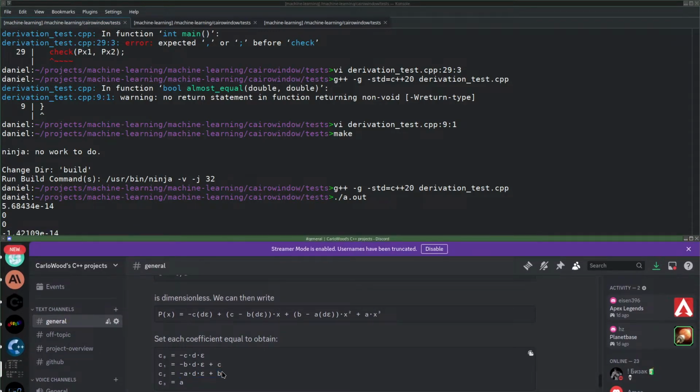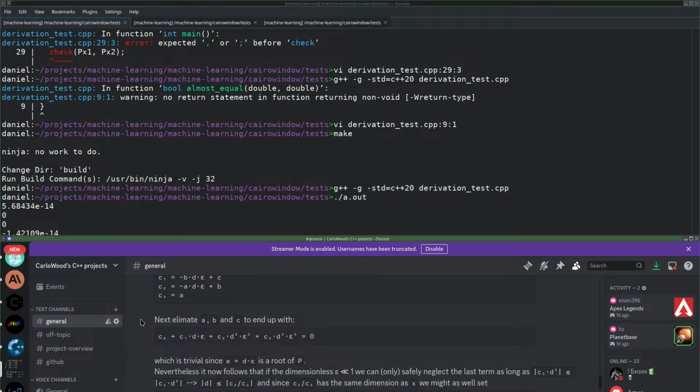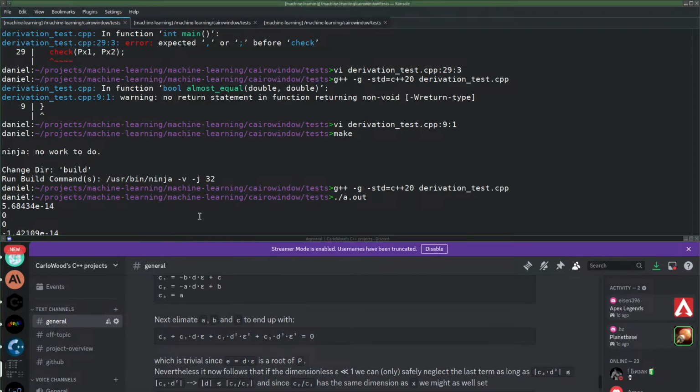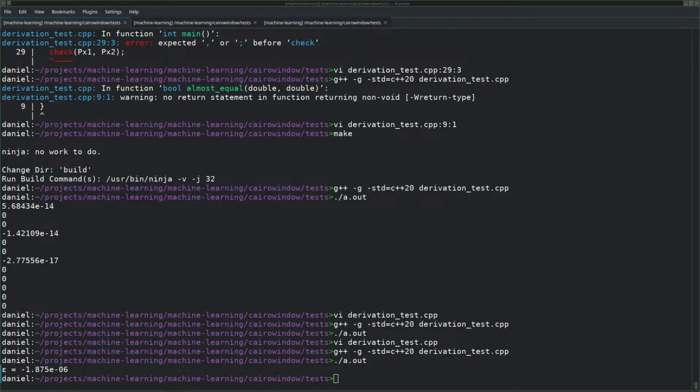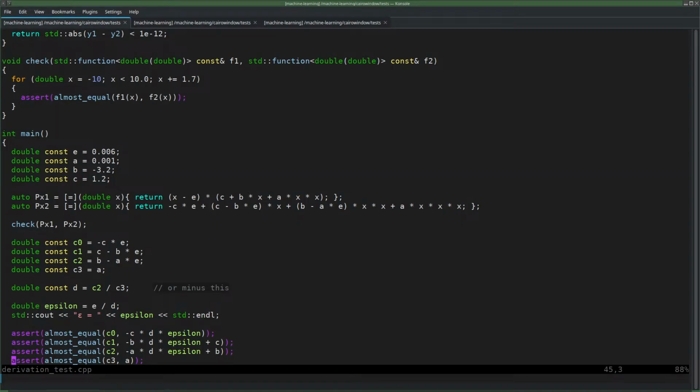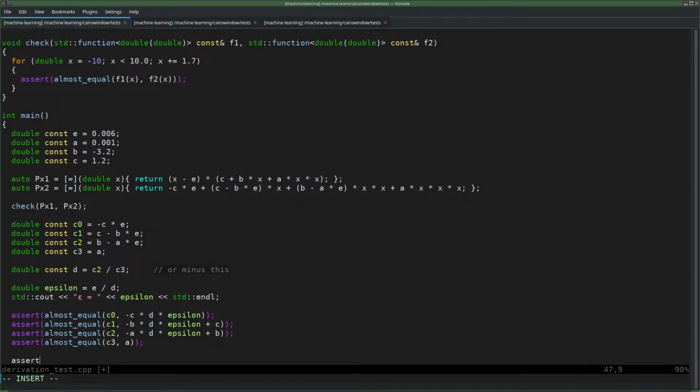And it did not assert, so this block is correct as well. Next, eliminate A, B, and C to end up with this equals 0. Yeah, which is actually trivial, but I can check it anyway. It's maybe a bit too trivial to check, or shall I just check everything? So assert almost equal, no, 0 is almost equal to, what was it? This thing.